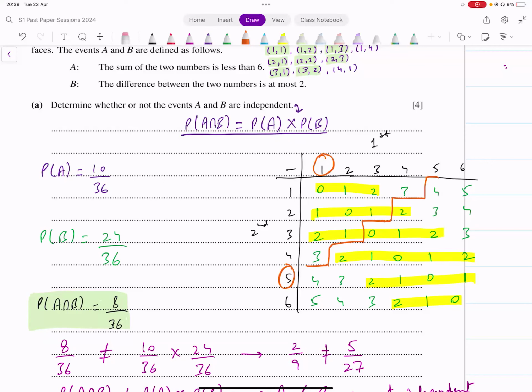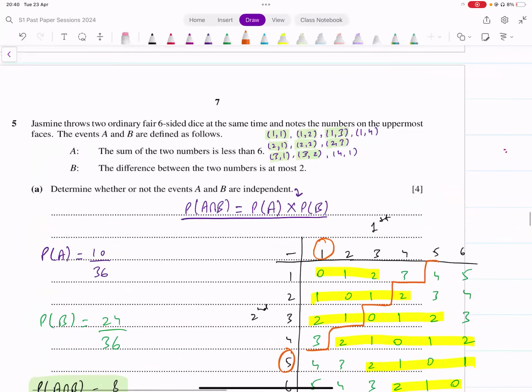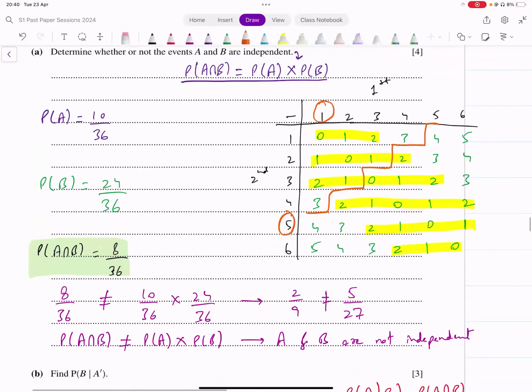All the numbers in this region, let me check again. 4 and 2, that's 6. 3 and 3, that's 6. 2 and 4, that is 6. And then 4, 4. Yeah. I think we're missing one number here somewhere, because that was 16 when we calculated it that way. Are we missing something? 1, 2, 3. Yeah, that's okay.